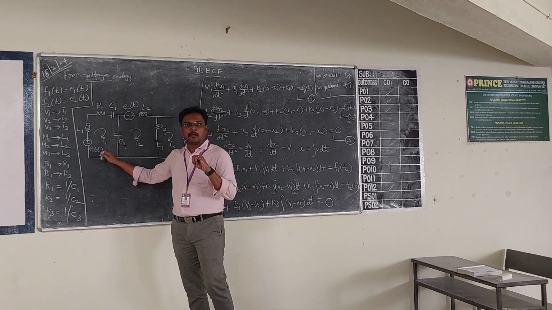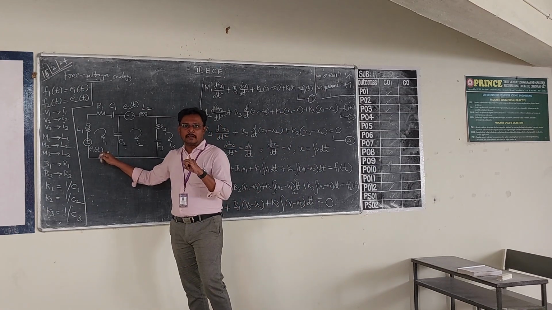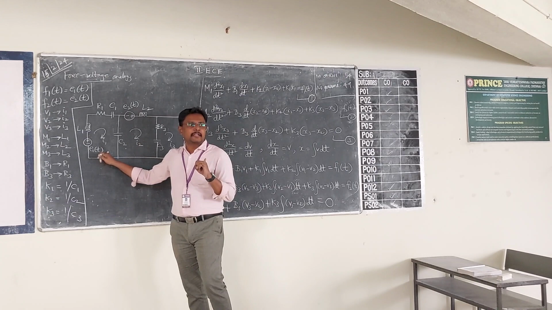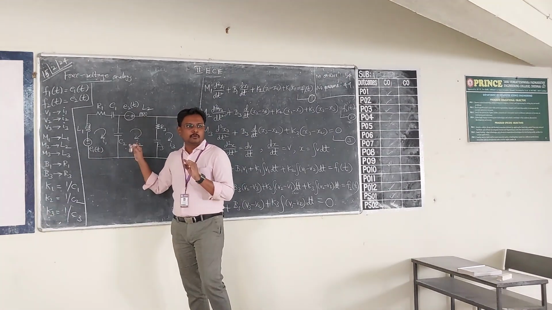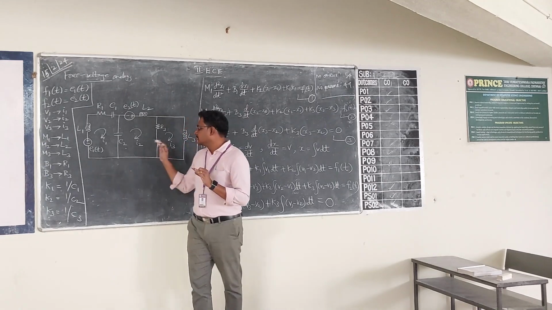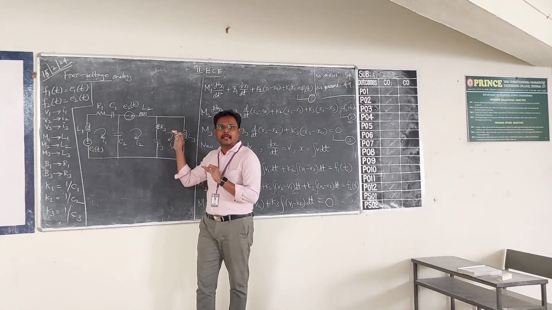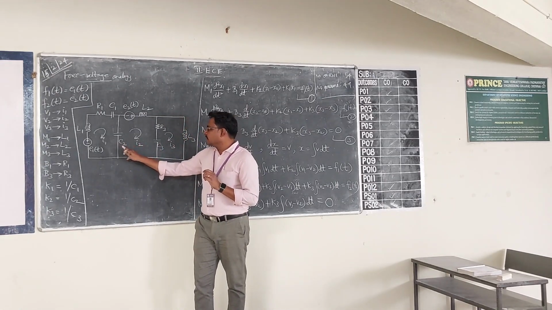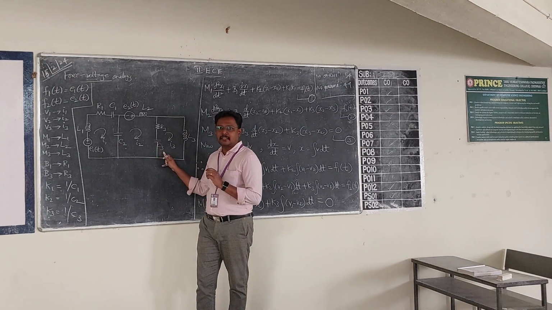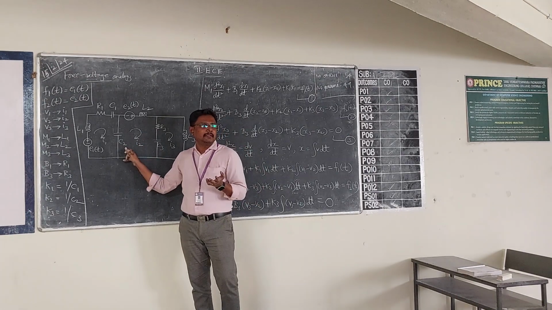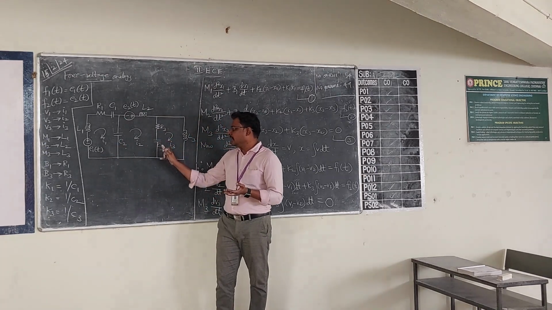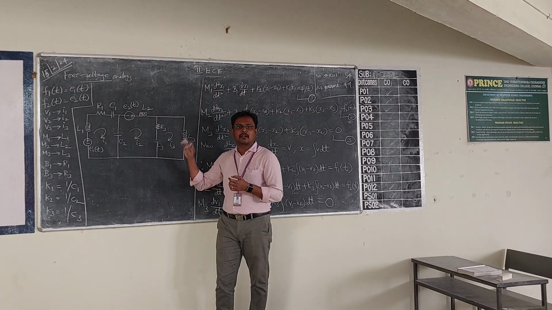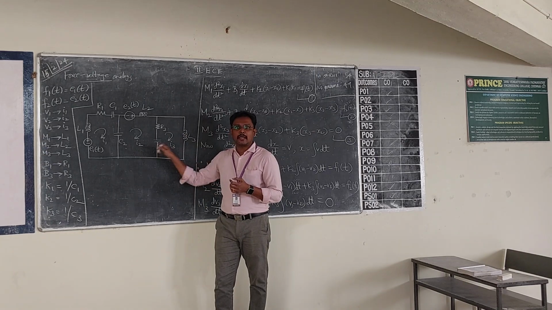The first mesh corresponds to mass 1 and the elements connected to mass 1. The second mesh is mass 2 and its connected elements. The third mesh is mass 3 and its connected elements. C2 is an element common to mass 1 and mass 2. R3 and C3 in series are common to mass 2 and mass 3.